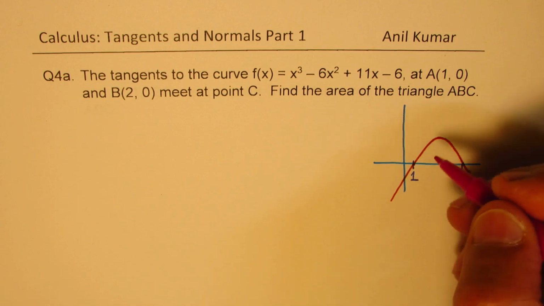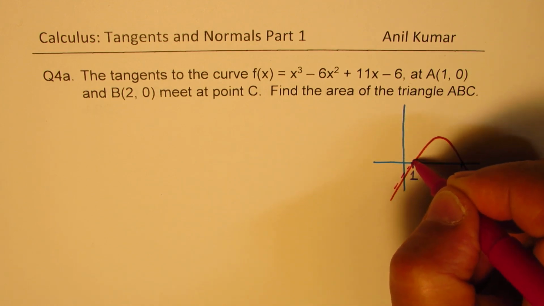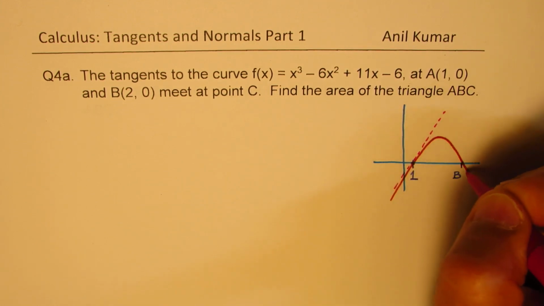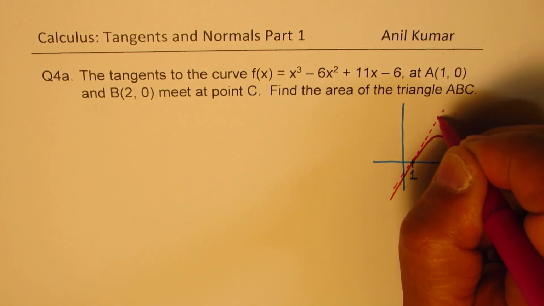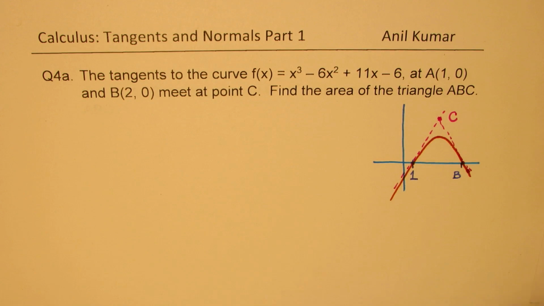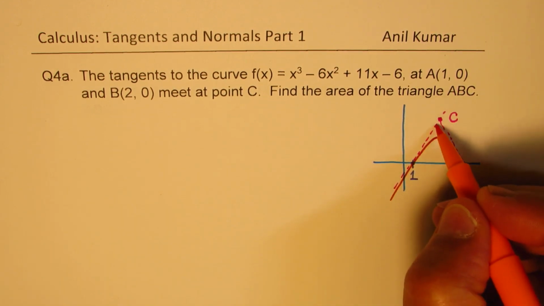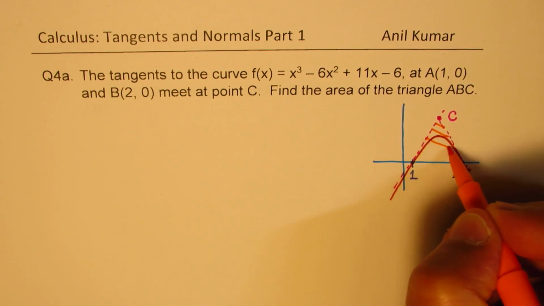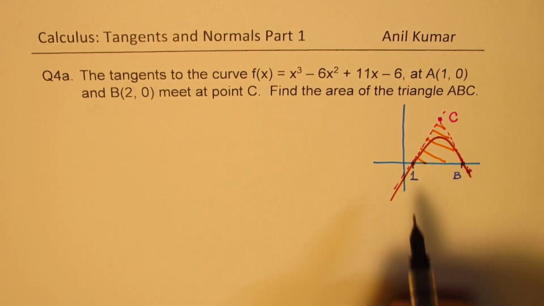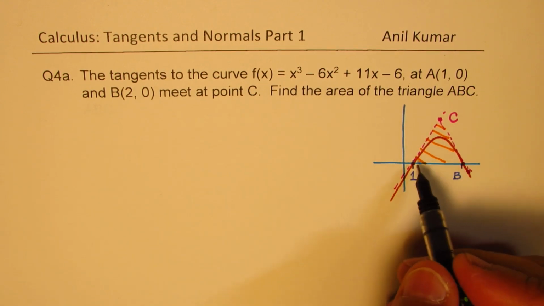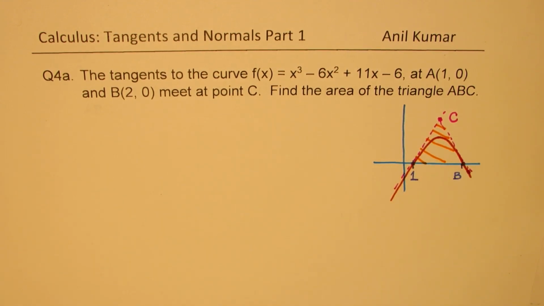So if I draw a tangent line, let me just sketch one tangent here, one tangent there, for example. This point is C for us. We need to find the area of this triangle. That is what the question is. Clear? Okay. So let's find the equation of both the tangents and then the point of intersection.